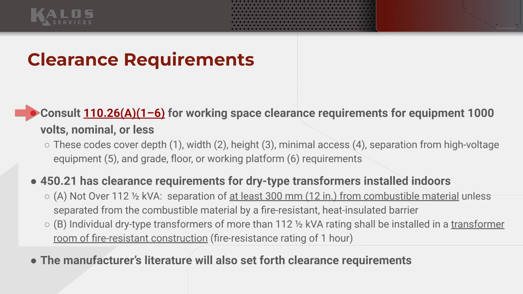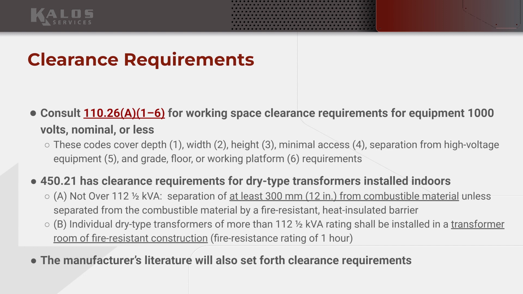Typically, if we're doing 120, 208 volt systems, our clearance in front of equipment needs to be 3 feet. Once you get above that, it's going to be 3.5 feet. There are some nuances where that clearance requirement increases, but those are the minimums. We'll probably get into actual detail about working clearance in a future class, because that can be a whole discussion.